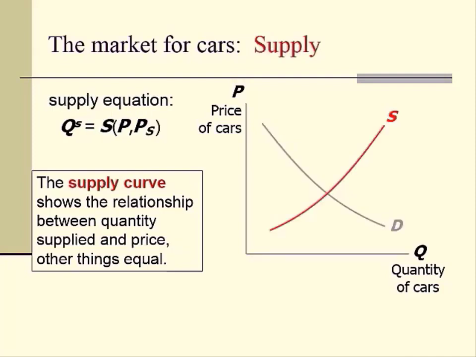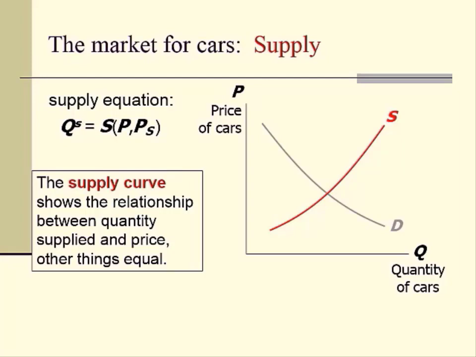Next, let's look at the supply relationship. Here, similar to the demand function, there's a supply function. So the supply equation shows that the general notation is such that quantity supplied, Q superscript S, is equal to S of P and P sub S, where S depicts a function.